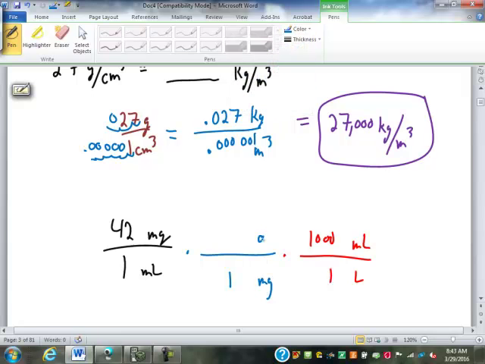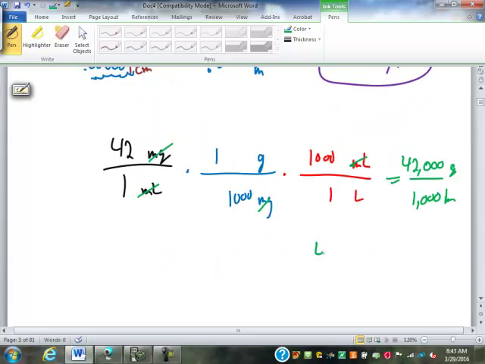Milligrams down here, grams up here. So 1 gram is 1,000 milligrams. So now you'll see milligrams cancel, milliliters cancel. 42 times 1 times 1,000 is 42,000 grams. 1 times 1,000 is 1,000 liters, and then the thousands divide out to give you 42 grams per liter.